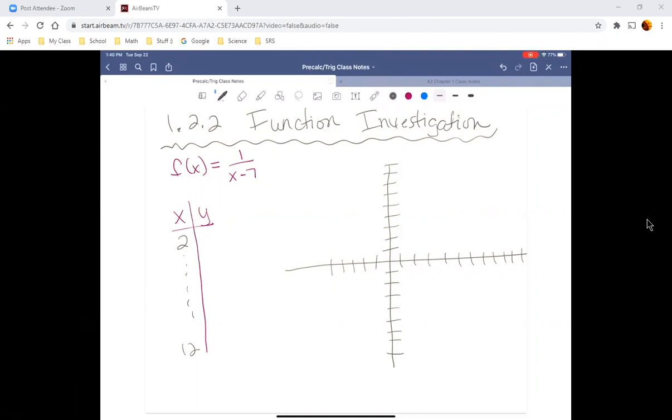And then 4. And then until you get up to 12. Less than the 7. What's 5 less than 7? 2. Which is the first number we're starting with.